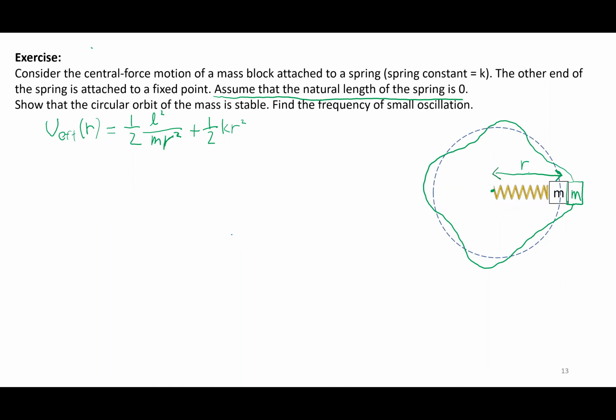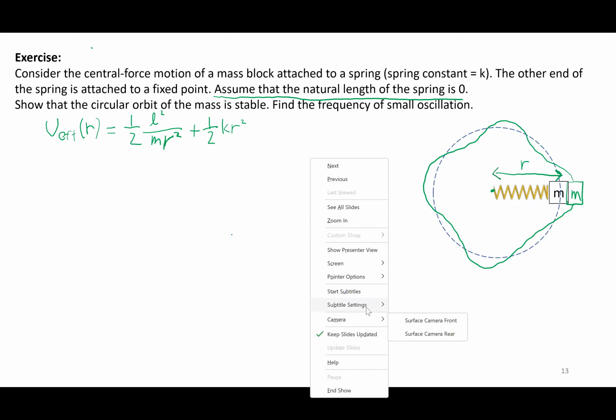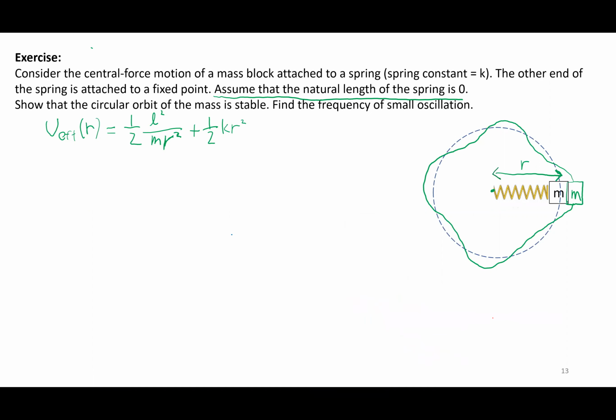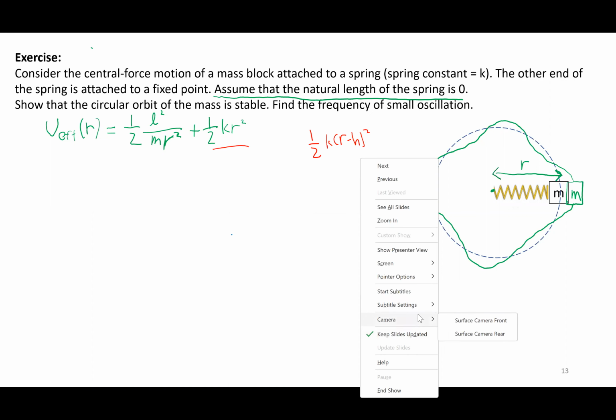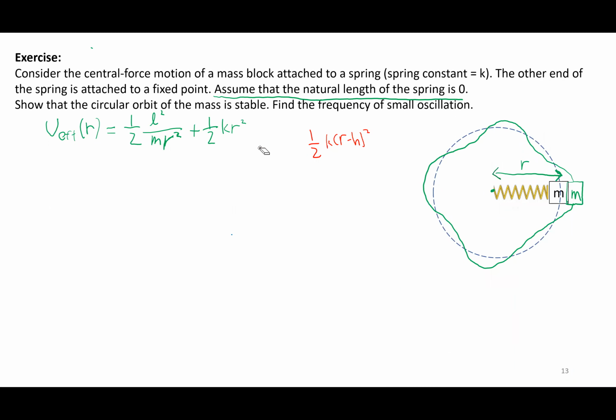If the natural length of the spring is non-zero, suppose it is h, then the potential term that you write down should be 1/2 k (r minus h) squared. I make this zero assumption just to make the math easier.